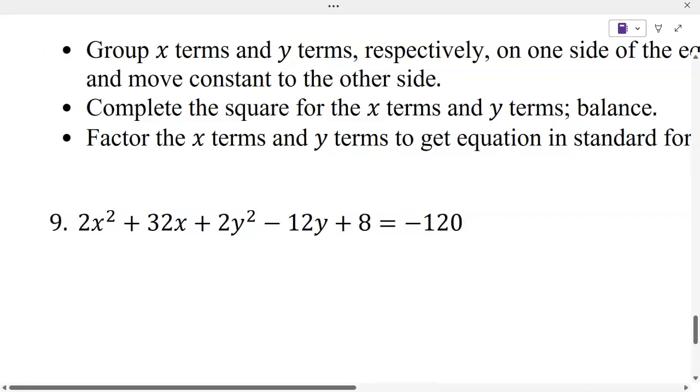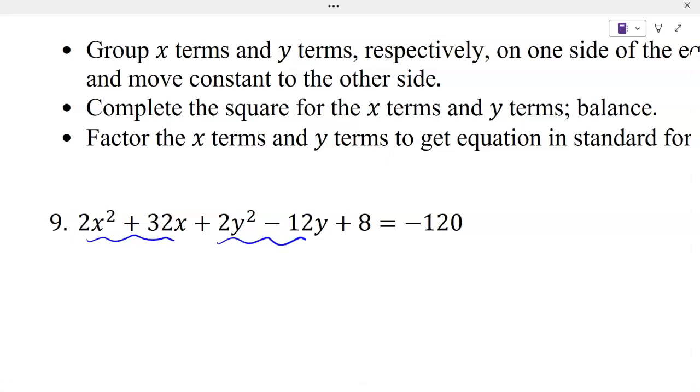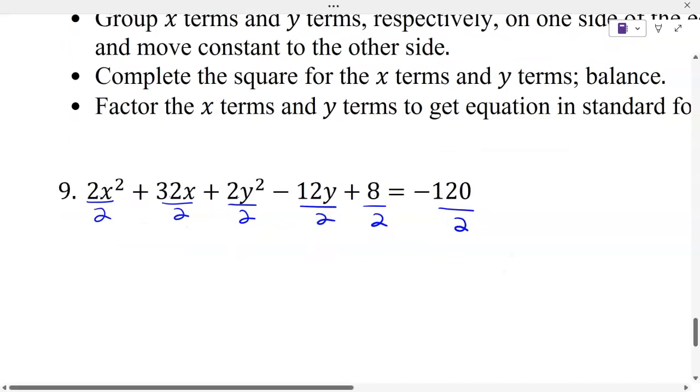So let's look at this first one. You notice here that we could go on and group our x terms and our y terms together and then move the 8 over. But I start looking at all these coefficients, and guess what? I see that all of these could be divided by 2, every single one of these terms, just to make our lives a little bit easier.